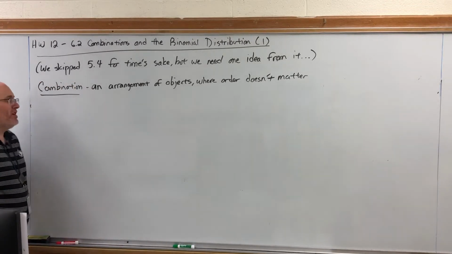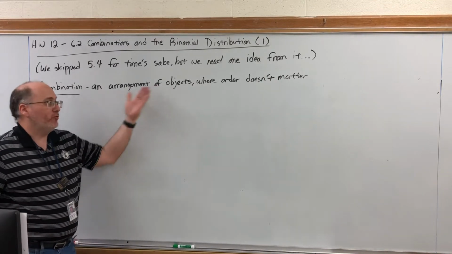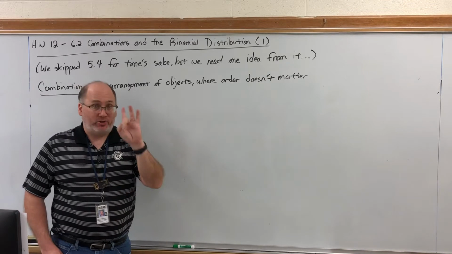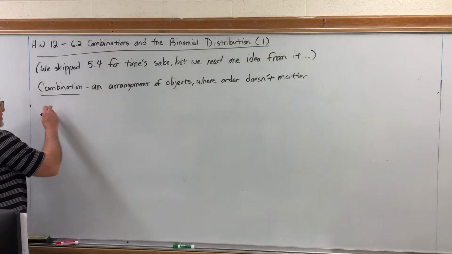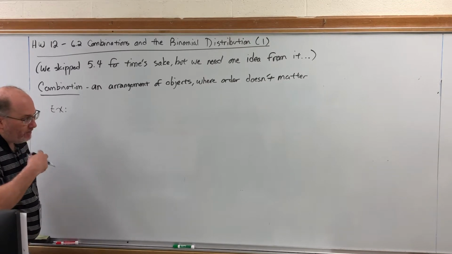So let's talk about what a combination is. In probability and statistics, a combination is an arrangement of objects where the order does not matter. For example, let's keep it simple.